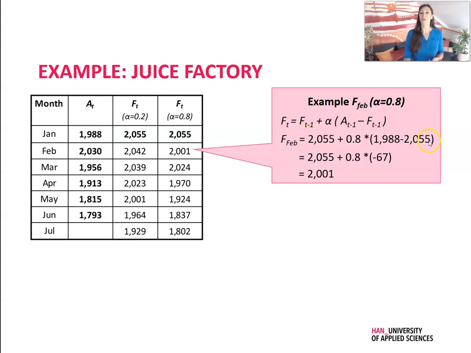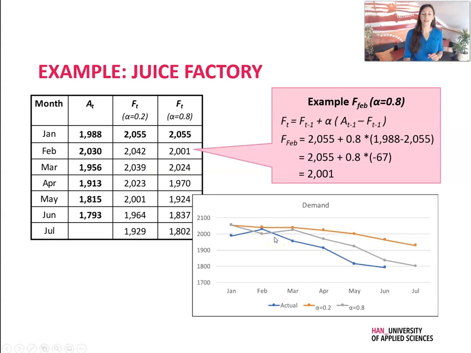So this number is repeated twice in this formula. If you do the math, you'll find that the resulting exponential smoothing forecast using alpha of 0.8 is 2,001 units, and here is where it is. Once you have this forecast and the new actuals, you can also forecast March, April, and so forth. You can do the same for alpha 0.2, and you see the numbers that come out.